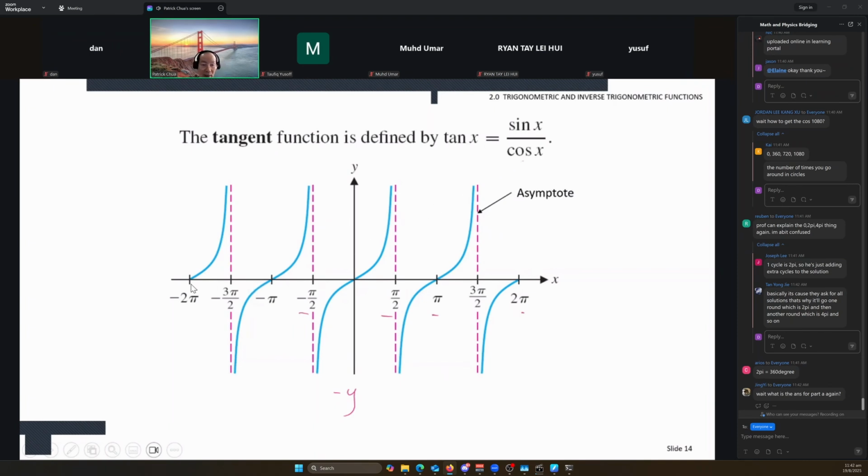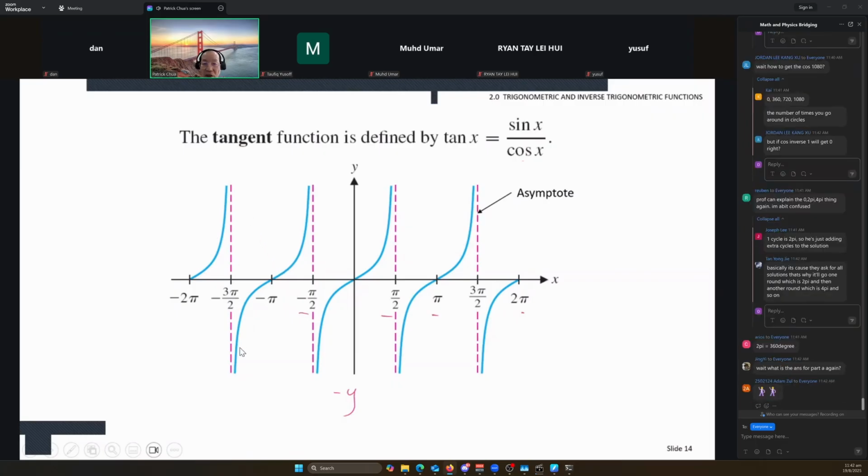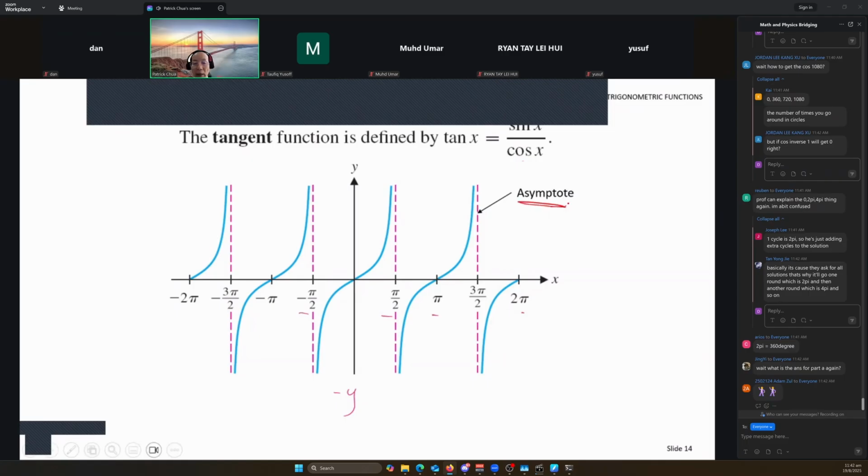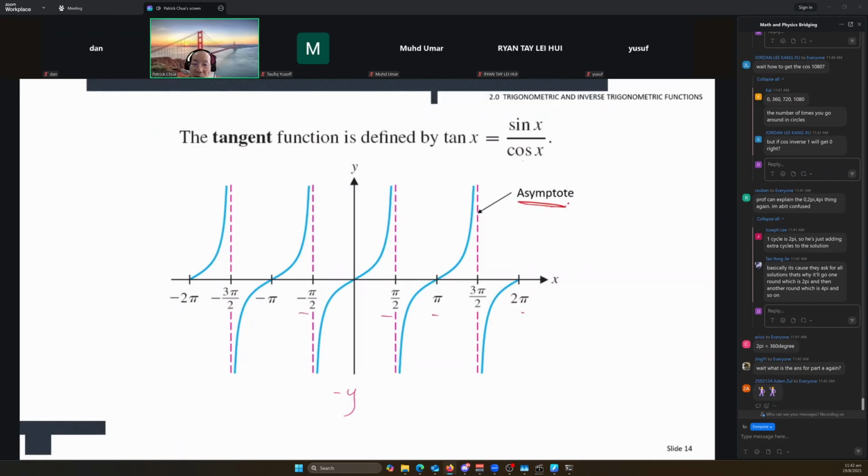So this is a tangent waveform, the blue color. Now the vertical line is called an asymptote. An asymptote is a line that can never be touched by a tangent curve.